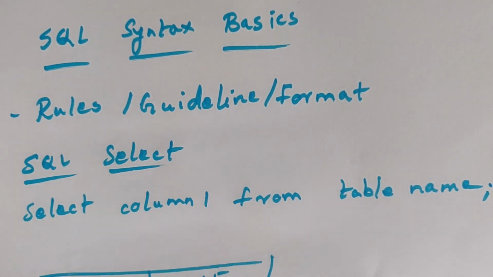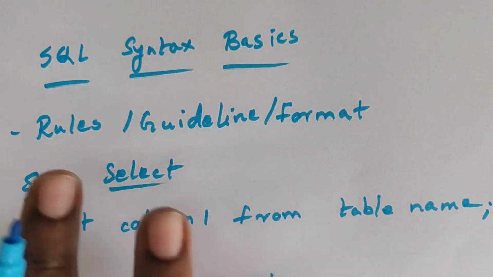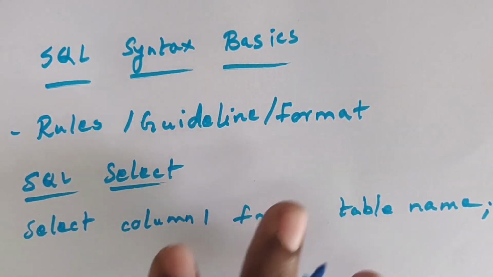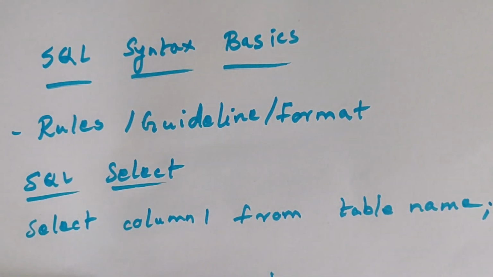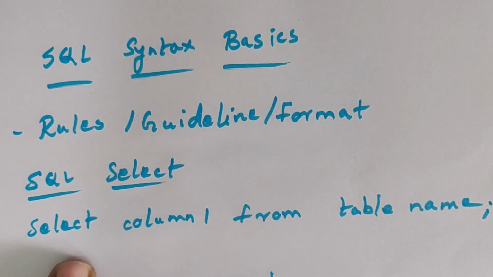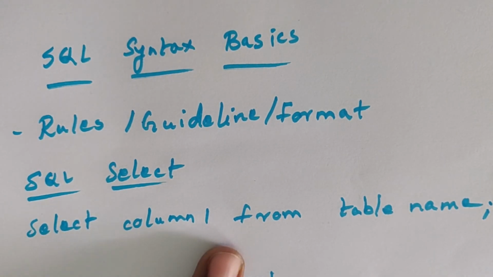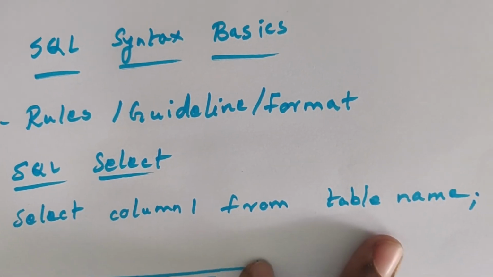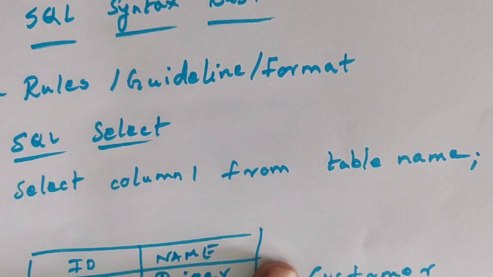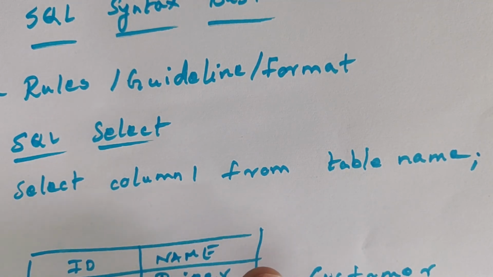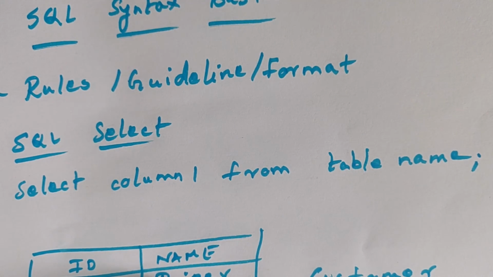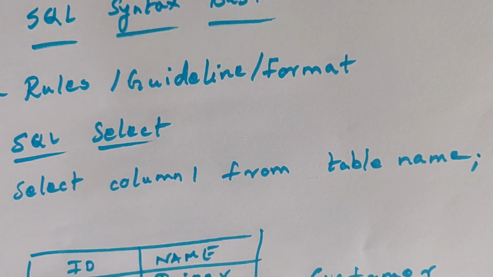It follows some rules, guidelines or formats which is called syntax. It starts with an SQL keyword followed by what data we need and which table we are fetching from. This is very basic. If you want to apply any conditions or extra validations, that can be set up further, which we will cover in later videos.